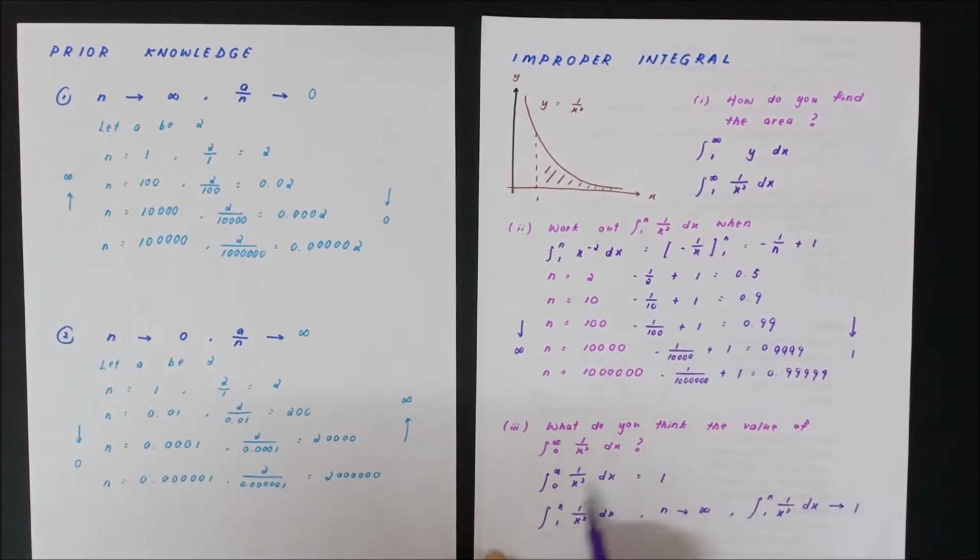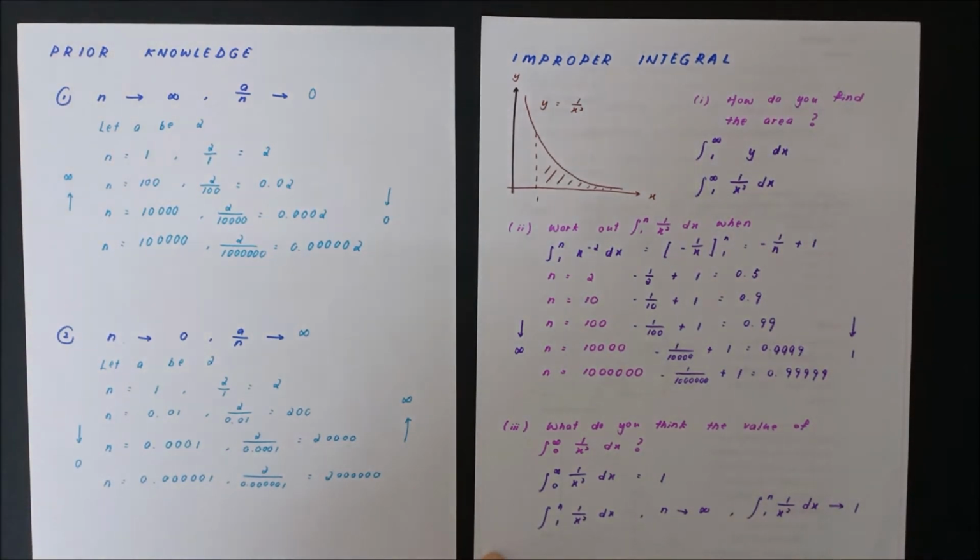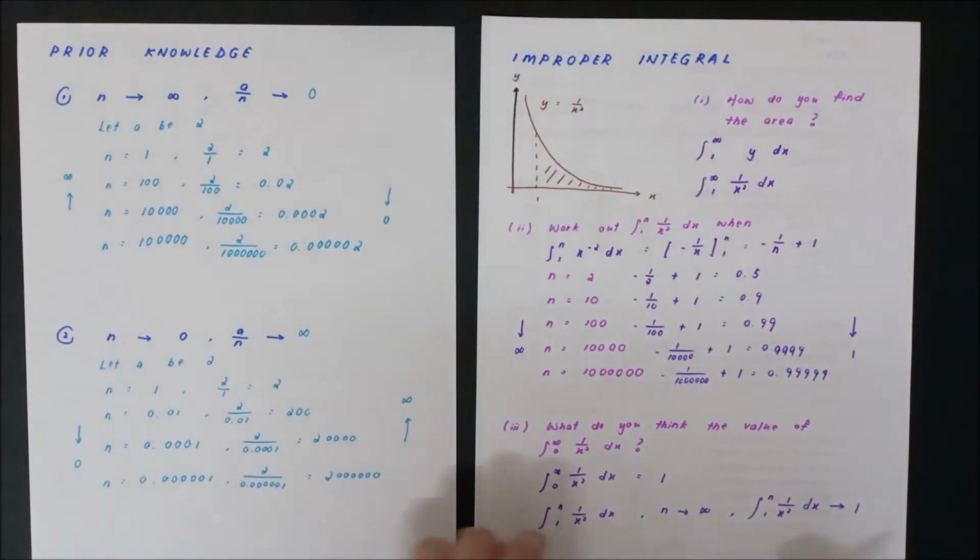So that's why we say that the integral for the limit 0 to infinity of 1 over x squared dx is actually equal to 1. Okay, so this is our first type of improper integral.